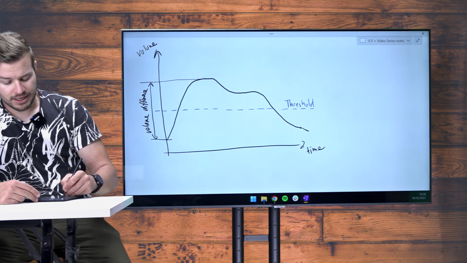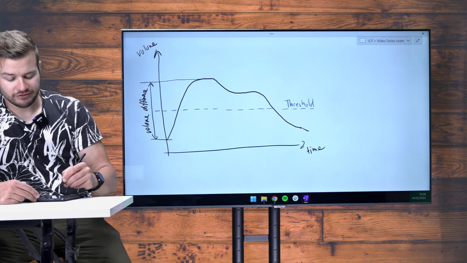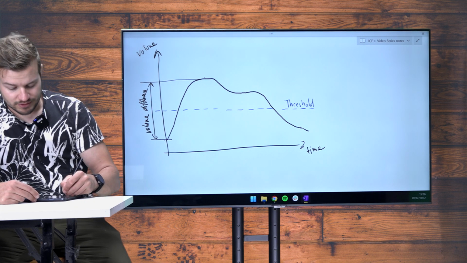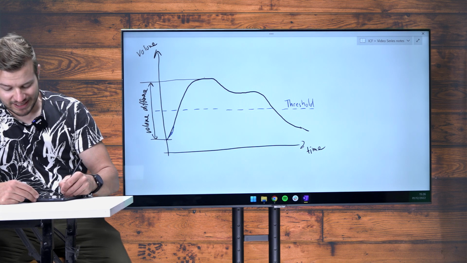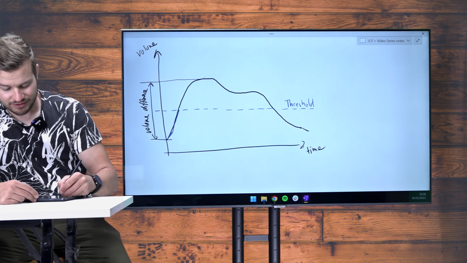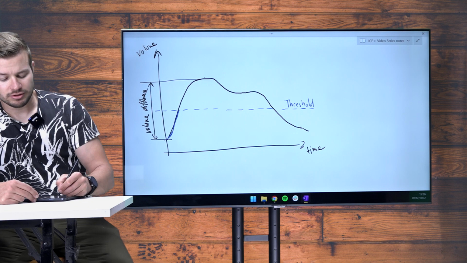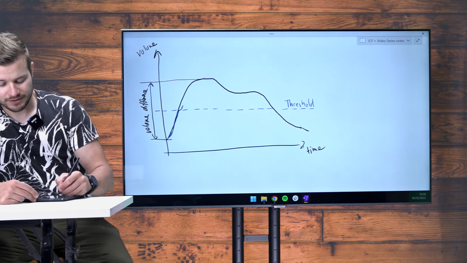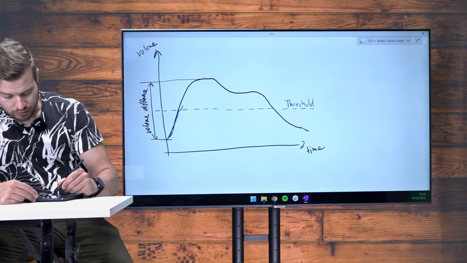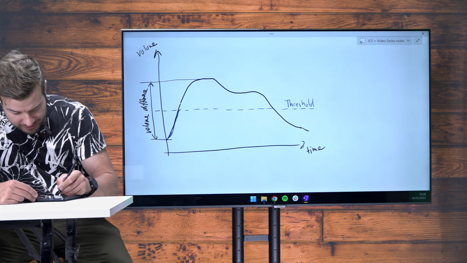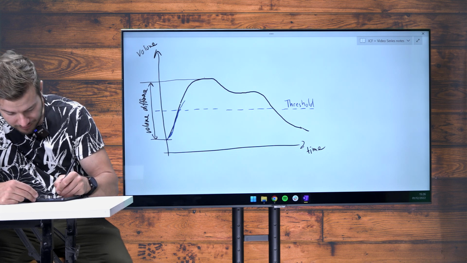So I draw here the result of this first step. So the signal volume will be exactly the same until we reach the threshold. It will not be changed, but now we reach the threshold, so it will be turned down. So it could look somehow like this.